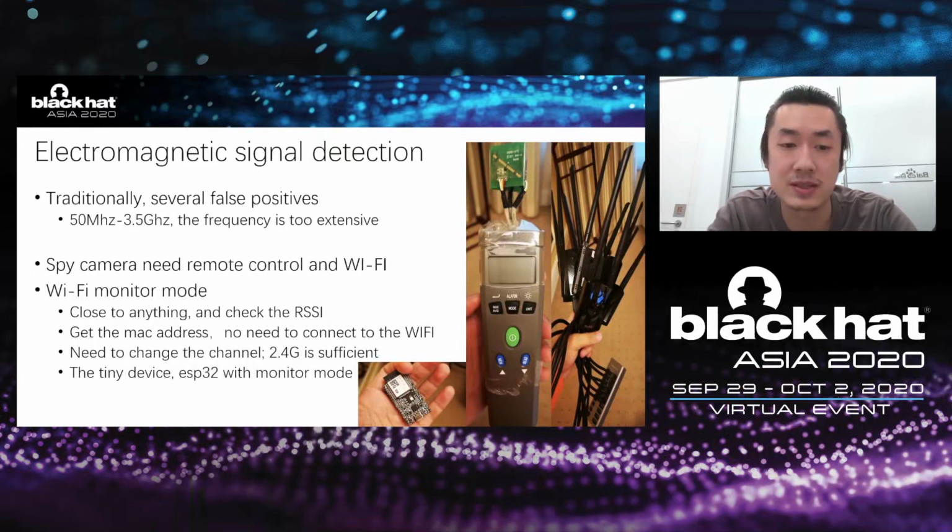We can use the RSSI value for Wi-Fi signal detection. Let's get close to everything in the house. If the value of RSSI increases, it proves that there is Wi-Fi equipment here. So we can also get the device's MAC address and check it against the blacklist we mentioned earlier.